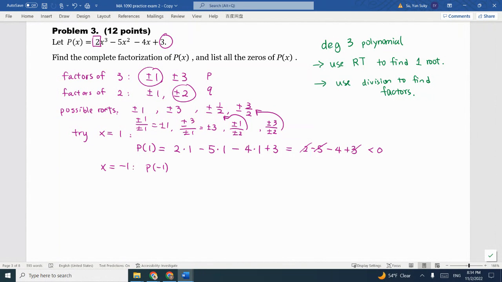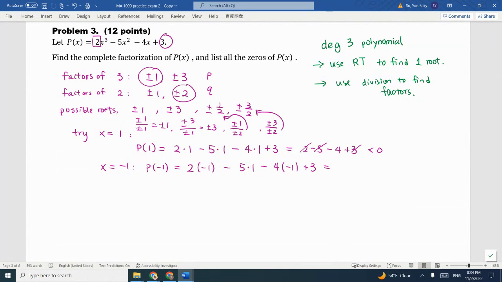When we plug in negative 1, negative 1 cubed is negative 1. Is that okay, everybody? Negative 1 squared is 1. Minus 4 times negative 1, plus 3.